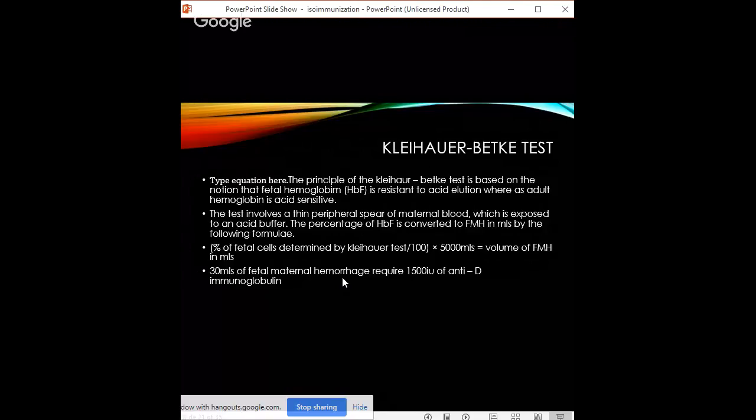So they smear the sample taken from the mother. They make a thin peripheral smear and expose this blood to an acid buffer.